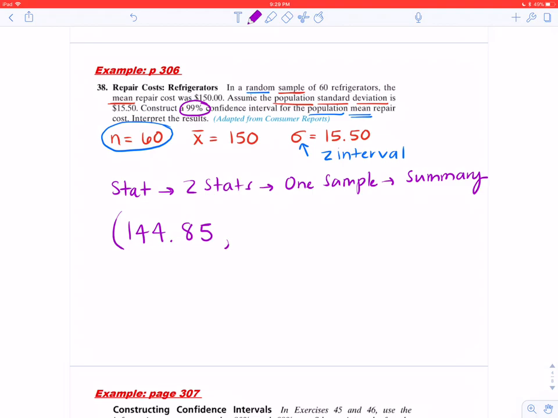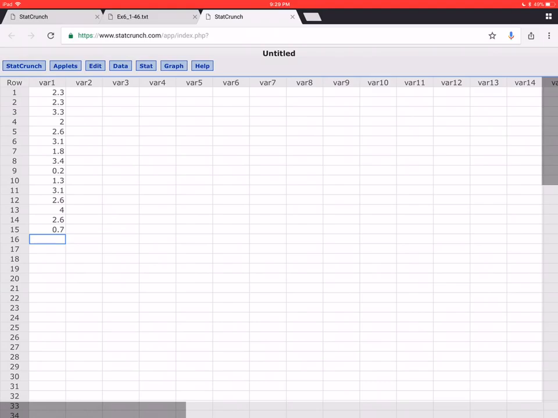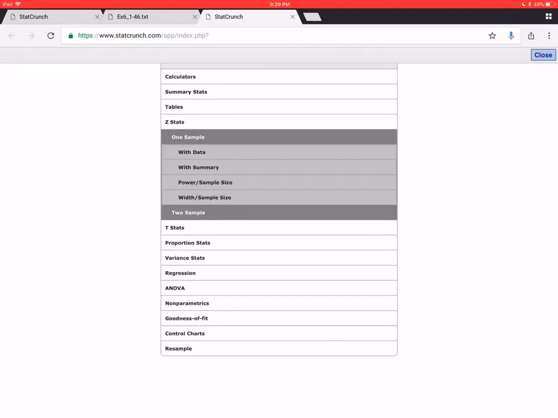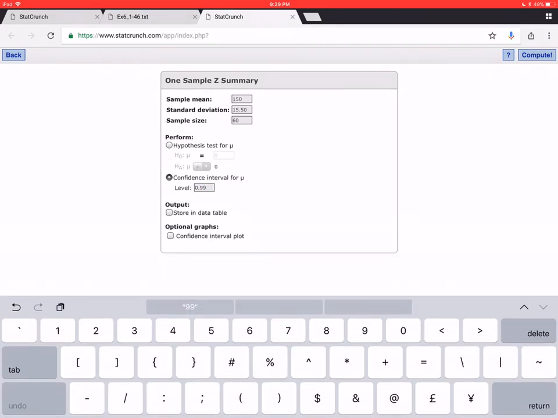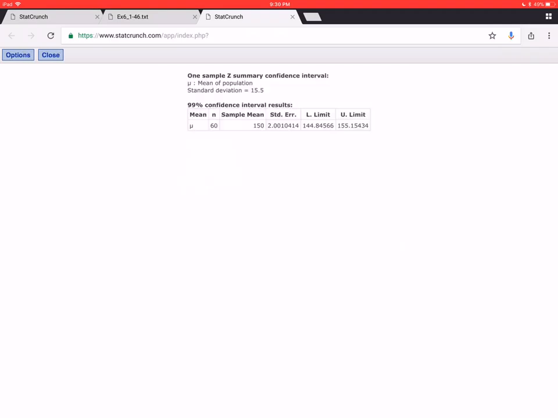That's my lower limit. And then my upper limit, let me bring that back up, I clicked away from my screen here. Just inputting all that information again. There we go. So my lower limit was 144.85. My upper limit is 155.15.